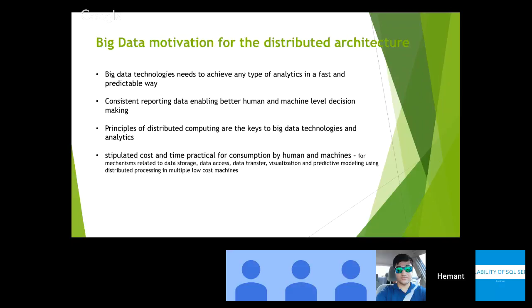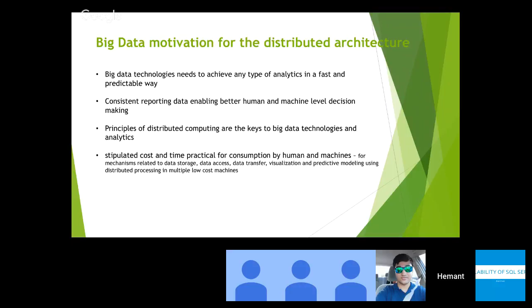So speed of computation is very important, and it applies to every area and every mechanism around it: the data storage, the data access part of it, how we transfer the data, whether we transfer data or stay near the data, and how effectively we can do the visualization and apply the predictive model.